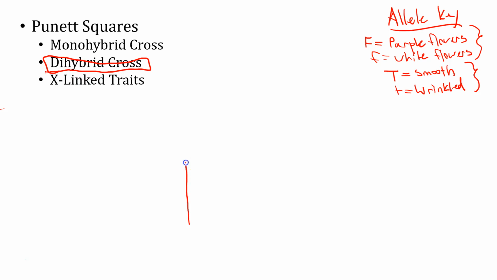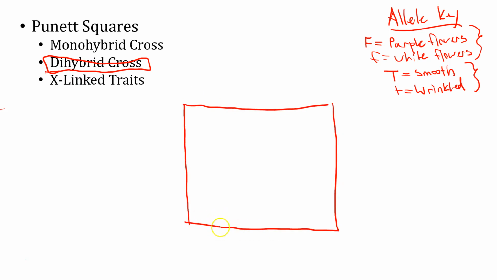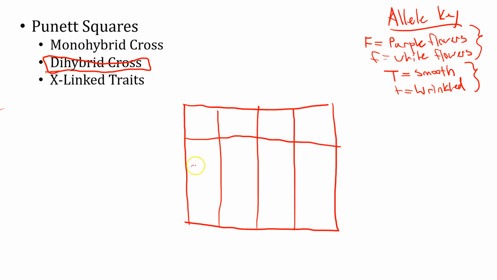So here is a nice Punnett square, with 1, 2, 3 columns, and 1, 2, 3, 4 rows.